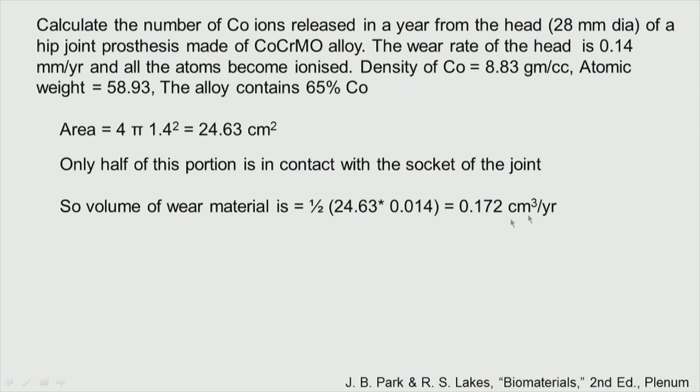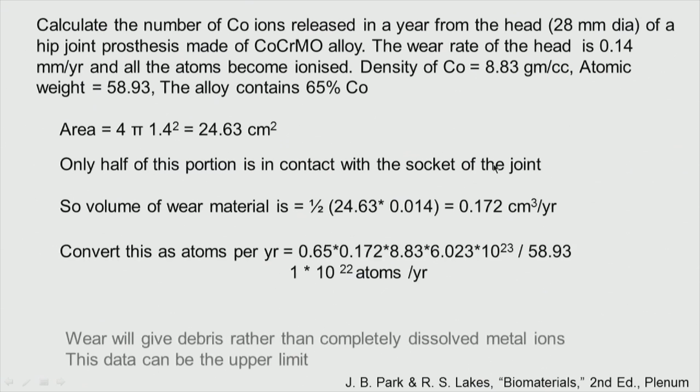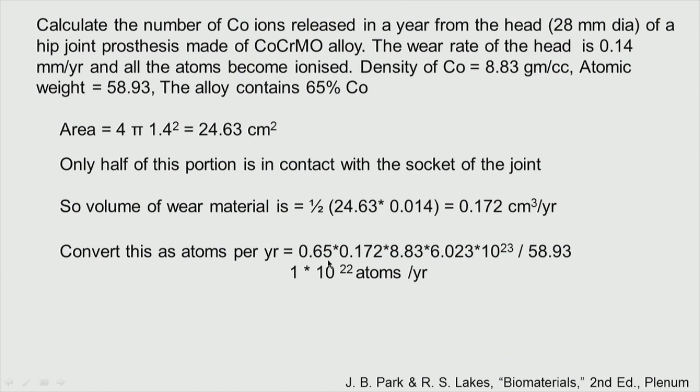So many cc of cobalt, okay, so many cc of the alloy comes out, okay. Out of this only 65% is cobalt, so many cc of the alloy per year is coming out. Okay. So what do we do? We multiply by 0.65 because it is 65% cobalt. Okay.